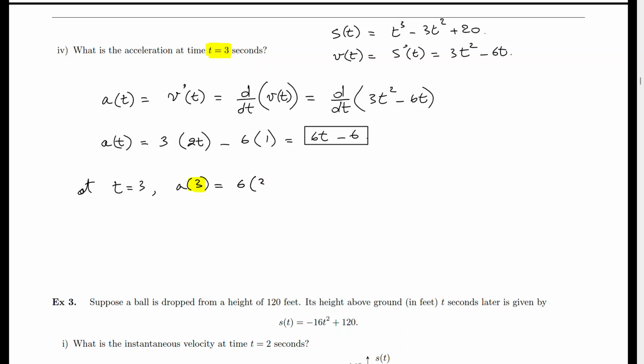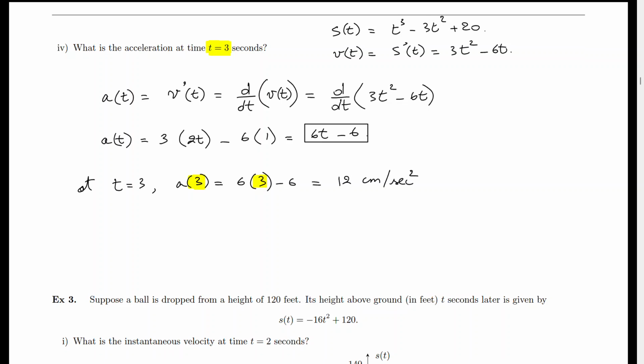This is 6 times 3 minus 6, and 6 times 3 is 18. 18 minus 6 is going to be 12, and the unit for acceleration is always centimeters per second squared. So it's the unit for position on the numerator, and then the unit of time squared on the denominator. In this case, the time is measured in seconds, so seconds squared, basically.